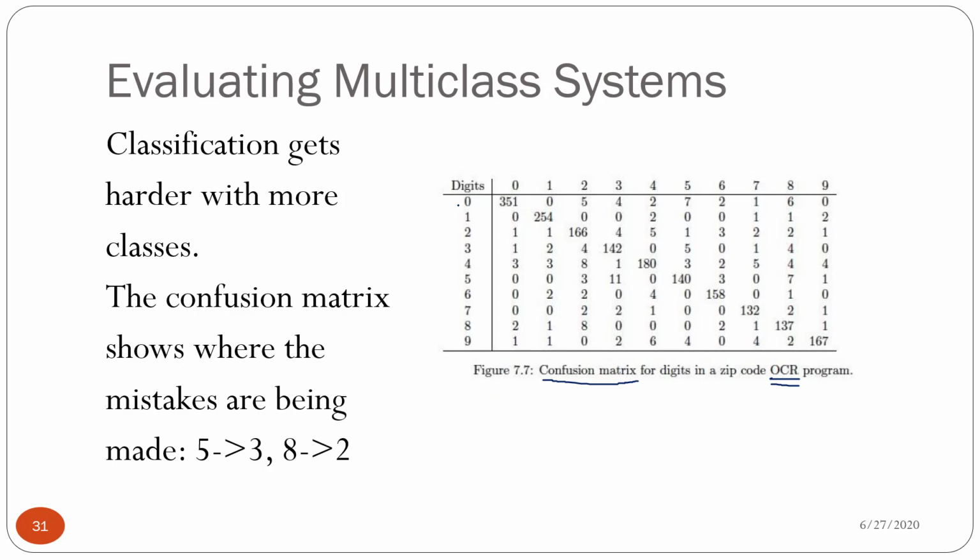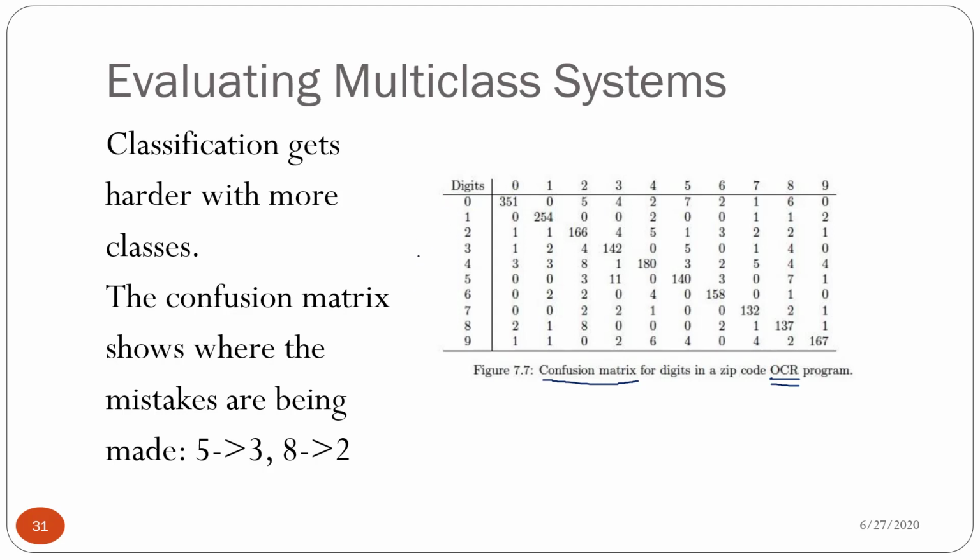The digit could be 0, 1, 2, 3, 4 till 9, and for each reality, like when somebody had written 0, we will evaluate the classifier as, when the reality was 0, how many times the classifier identified that as 0.